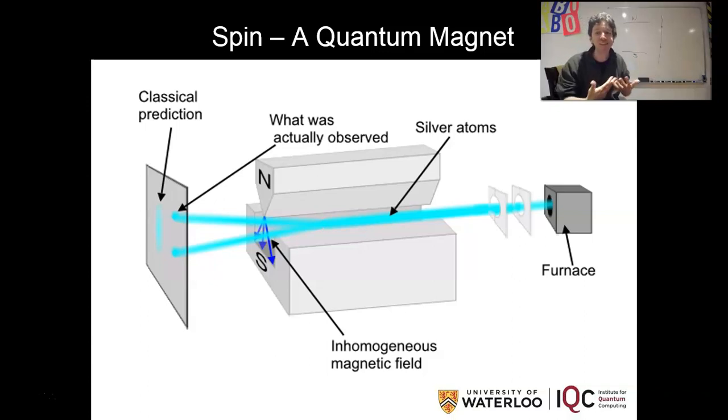Okay, and we call it spin, but really this doesn't mean the electron is actually spinning. In fact, the electron's not actually spinning. But what happens is it has some sort of internal magnetic property to it, which we call intrinsic magnetic moment, and it is interacting with that magnetic field in only one of two ways.